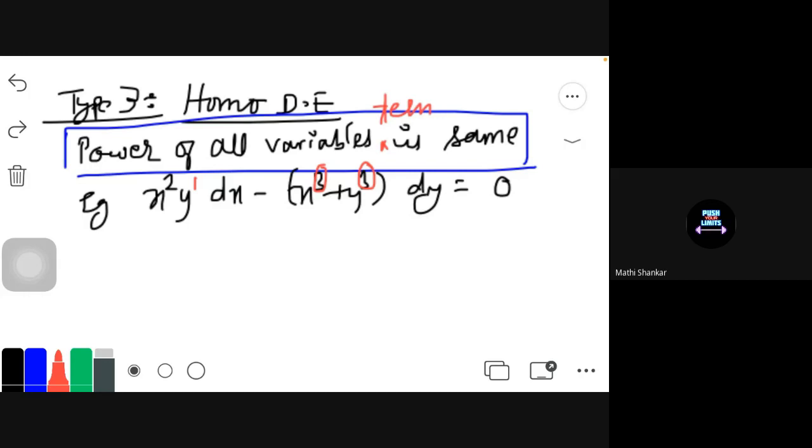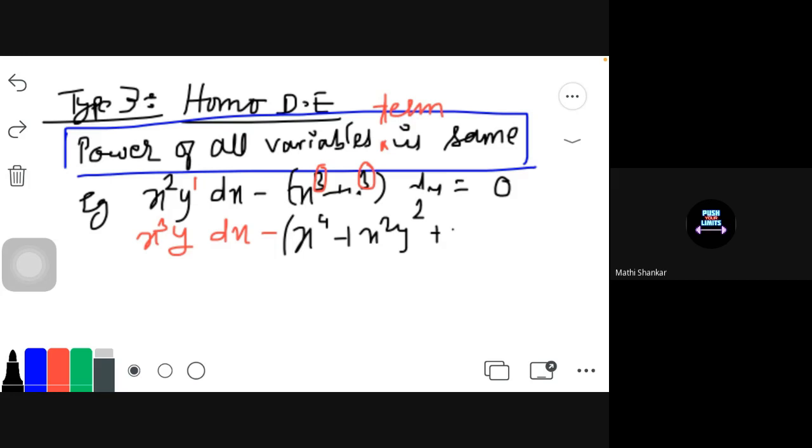Okay, let me give one more example. If I have x cube y dx minus x raised to 4 plus x square y square plus x cube y dy equals to 0.